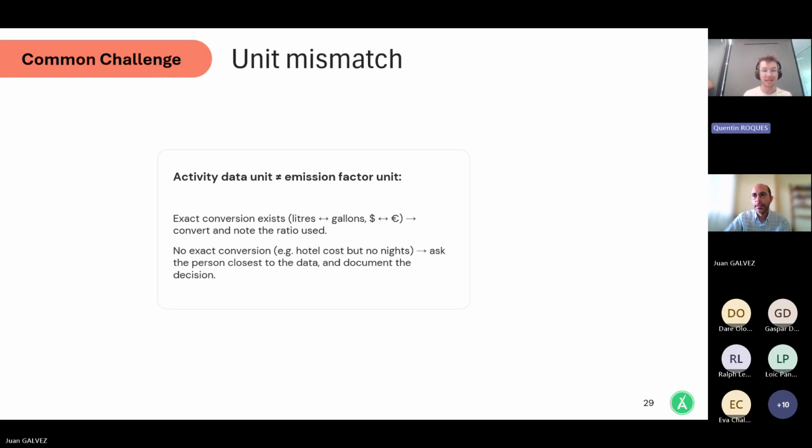And sometimes there is no exact conversion, like the example that I took at the very beginning, the hotel cost. If you have only the hotel cost but not the nights, you can't say, okay, I know that 50 is equal to a night. It depends on many things. So the first thing you can do is to ask the person who is closest to the data if they can give you an estimation, or you can do the estimation yourself and just document it, saying, okay, I take 50 for one night in this country.